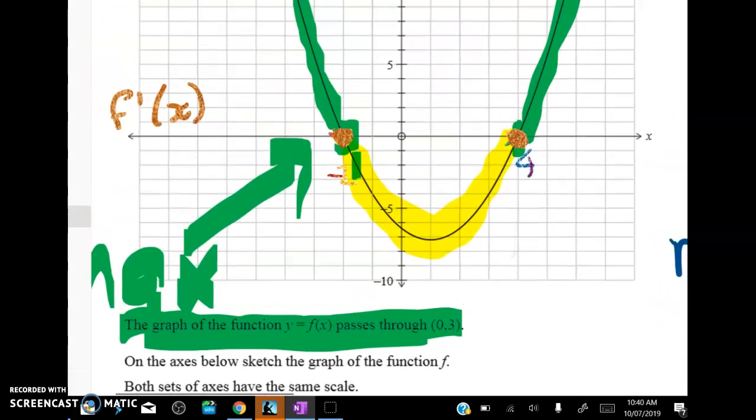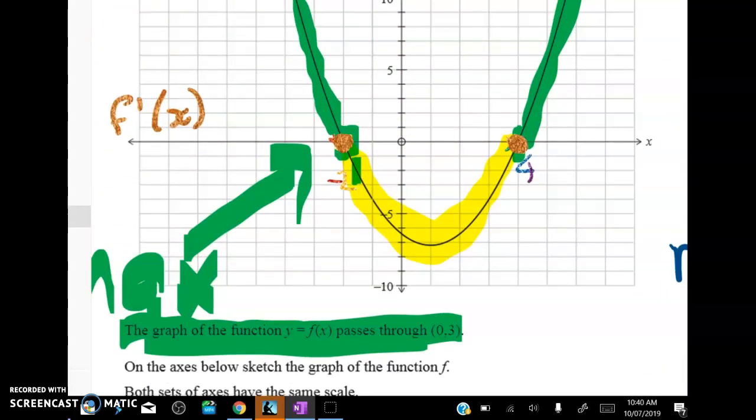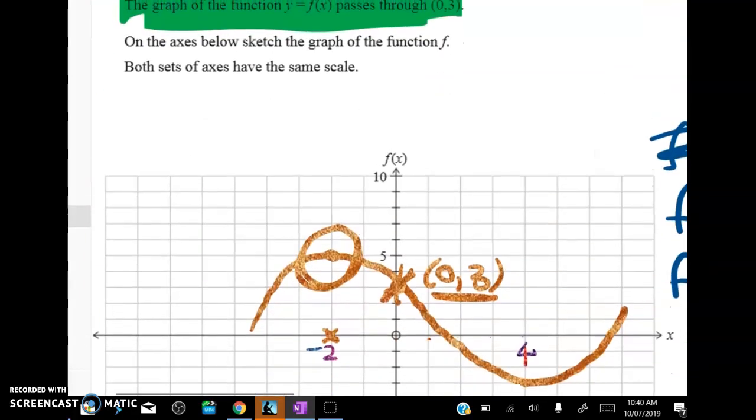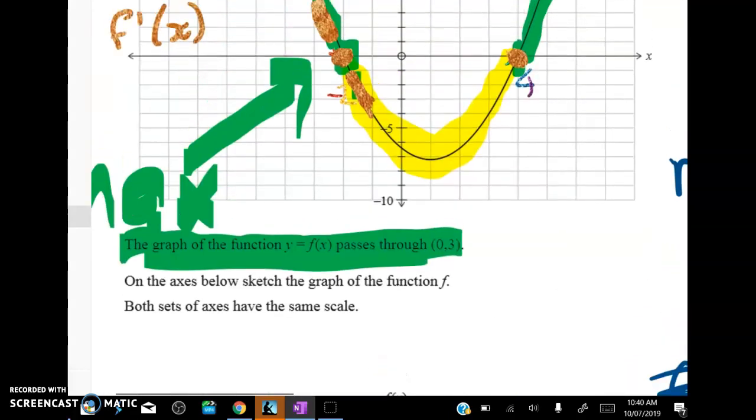So we know that's going to be a maximum because that's where the gradient is 0, and it's coming from a positive gradient up here and changing into a negative gradient. And that we can see happening down here because we've got a positive gradient here and then a negative gradient here.